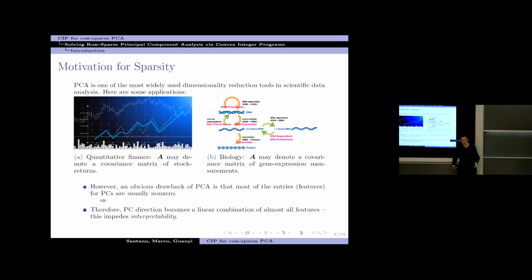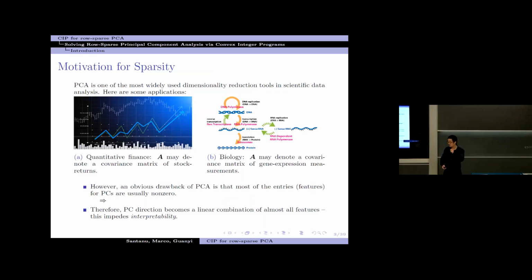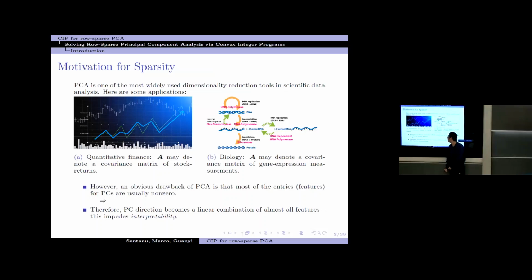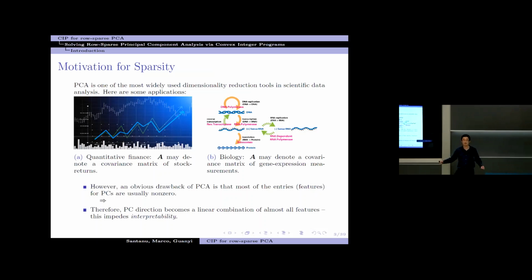However, it has a very obvious drawback. The problem is, if you consider some high dimensional settings, the principal components that you obtain from the original PCA problem, most of its components are non-zeros. And each of the components corresponds to one feature of what you want to consider.